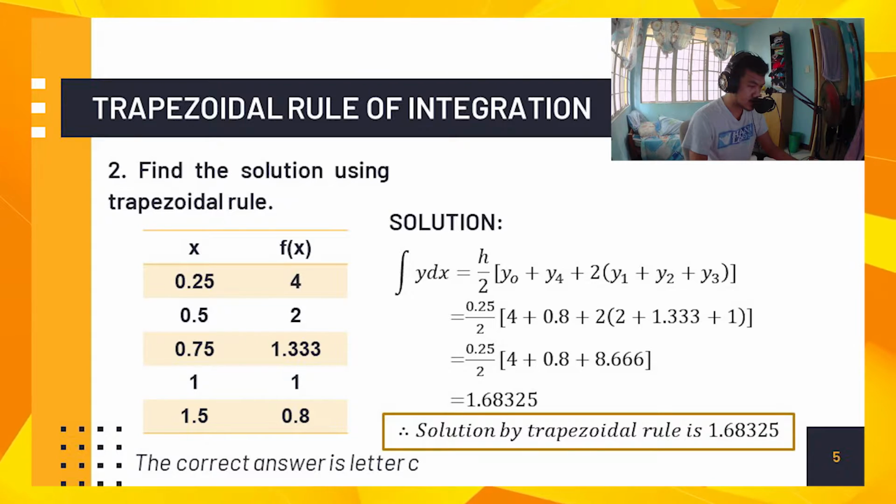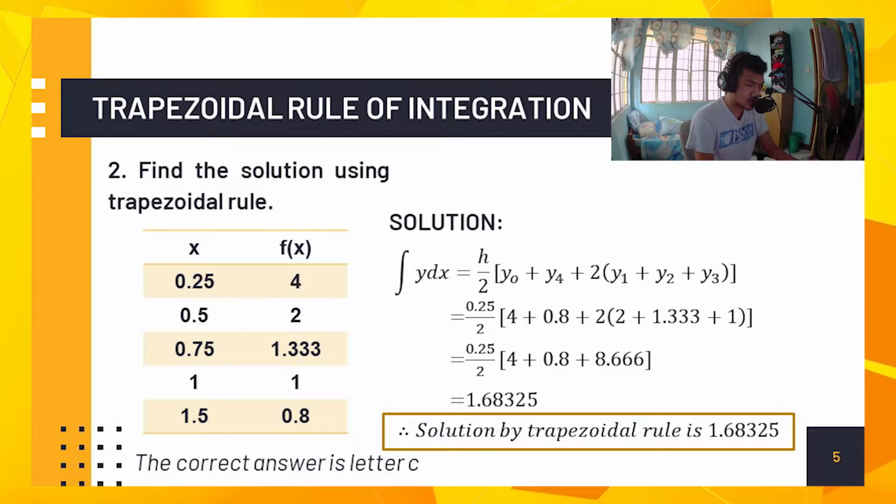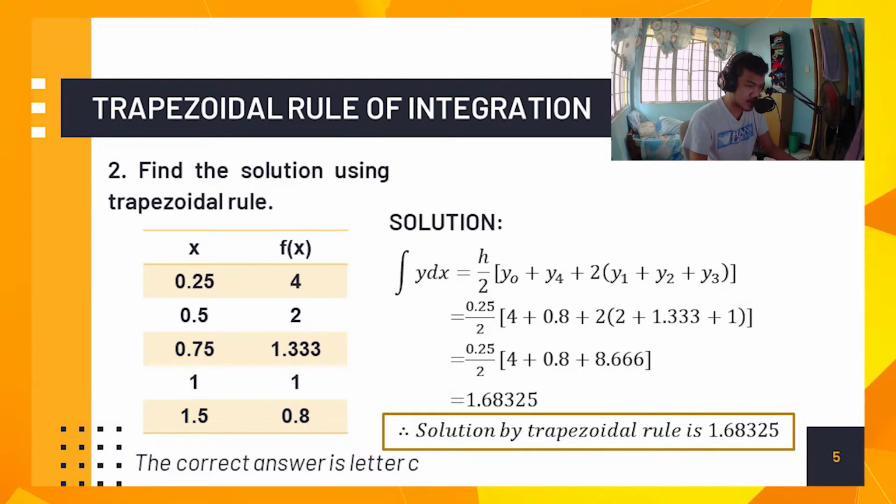So for the solution, we will integrate y, which is equal to h over 2 times the quantity of initial y plus y sub 4 plus 2 times the quantity of y sub 1 plus y sub 2 plus y sub 3.